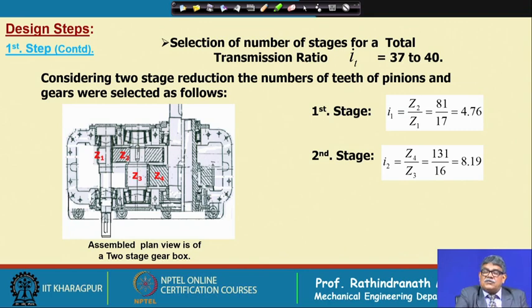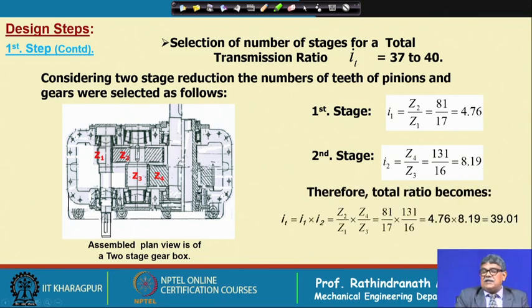So, that is why for such a ratio very often we manage with 2 stages. This stage is around this figure and the other stage is this, say 5 then 8 should be a good figure, for which you will find that this can be optimum, but to keep our teeth number and our size within limits, we consider this one, and then finally we find that the transmission ratio becomes 39.01, which is satisfactory.